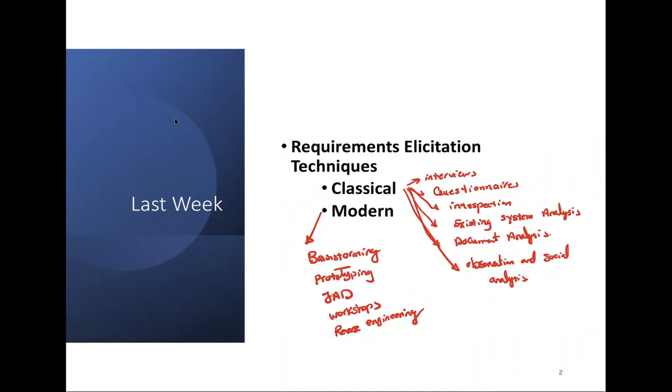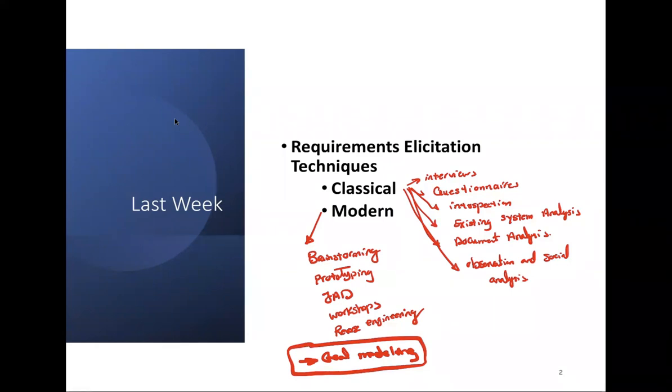Also, in today's class, we will talk a little bit about an additional elicitation method that will be at the end, which will be goal modeling, which is considered a modern elicitation technique to model requirements by modeling the stakeholder goals. So we're going to talk about this one at the end.